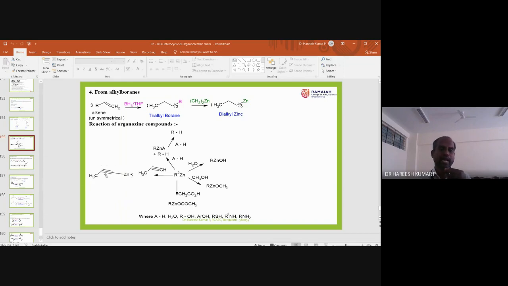Okay, alkenyl means a double bond, and here there is a triple bond, alkynyl, and the zinc. Suppose the same organozinc, or dialkyl zinc, is treated with a proton source. What does proton source mean? An acidic one.